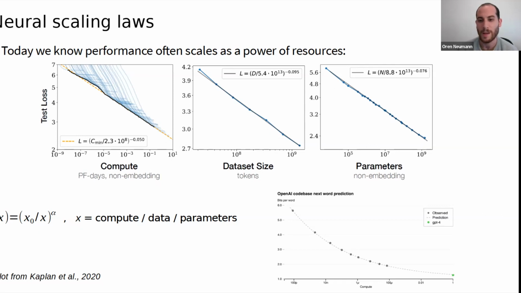What you see here is a compute scaling law. They trained what I guess is smaller versions of GPT-4, or versions with less compute, and the version with the most compute, which is GPT-4, falls exactly on this power law prediction they got from the other models.